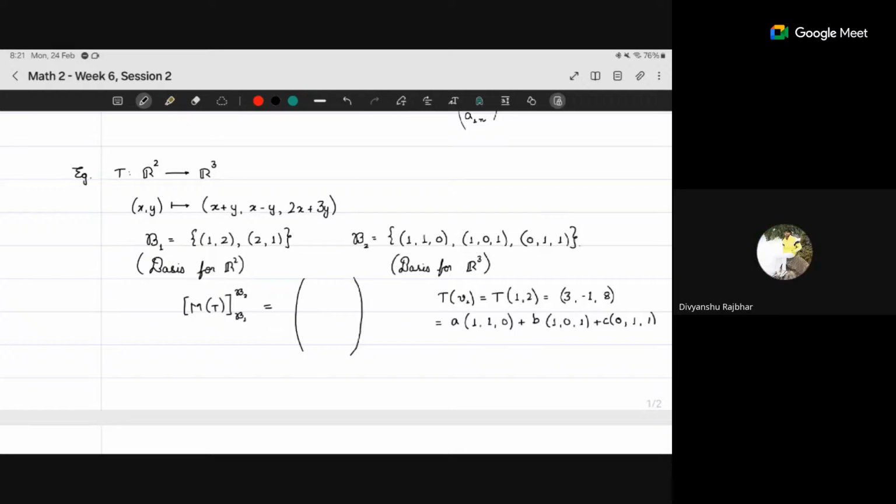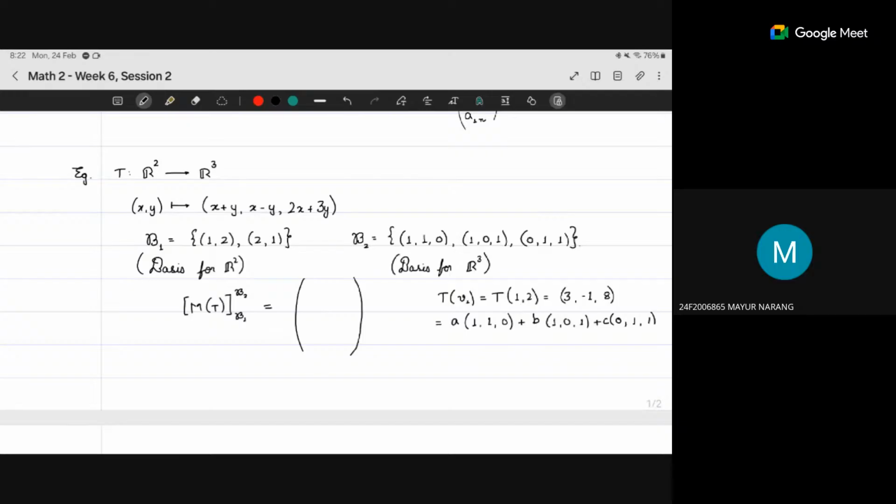So T of V1 is equal to T of (1, 2), which is equal to (3, minus 1, 8).